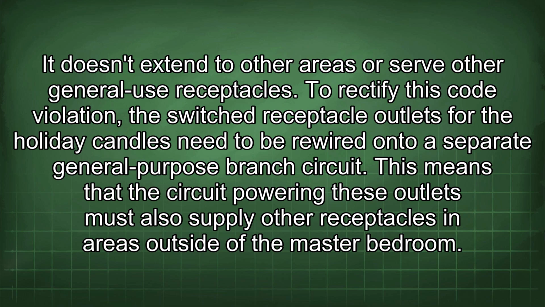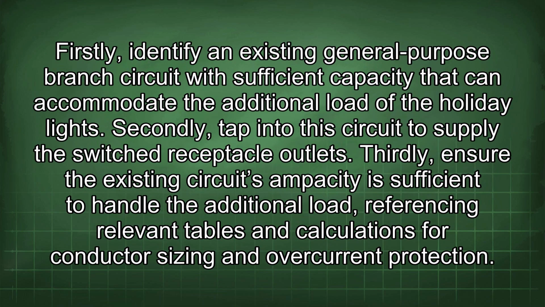To rectify this code violation, the switched receptacle outlets for the holiday lights need to be rewired onto a separate general-purpose branch circuit. This means that the circuit powering these outlets must also supply other receptacles in the areas outside of the master bedroom. Firstly, identify an existing general-purpose branch circuit with sufficient capacity that can accommodate the additional load of the holiday lights.